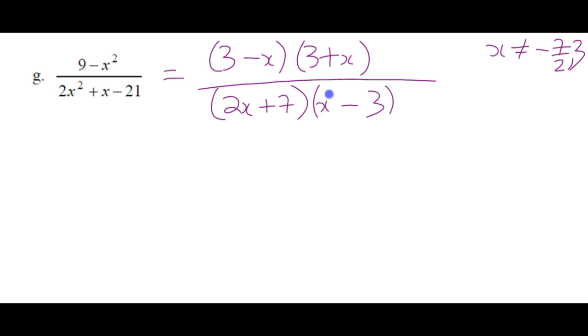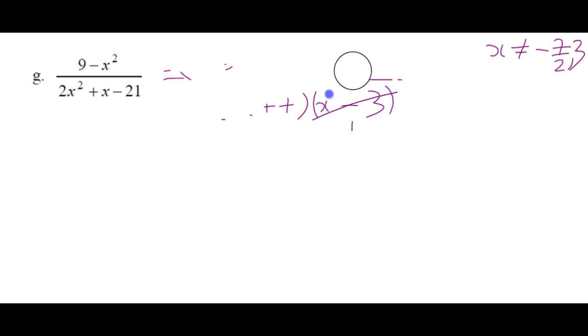All right, so I get x minus 3 here and a 3 minus x. What do I do? Here's what I do. You and you are gone, but you're going to be replaced with a negative 1. All right? Now, wait, watch this in slow motion. Why?